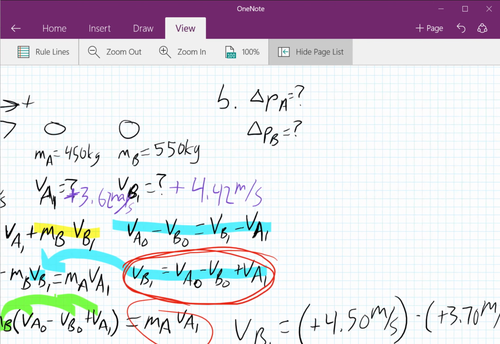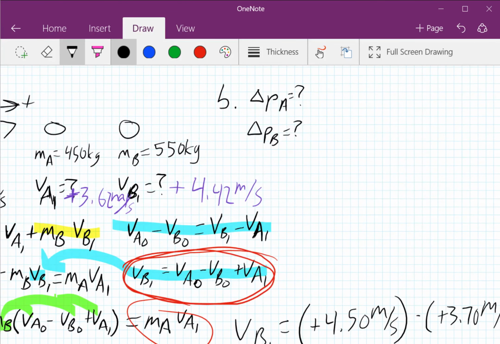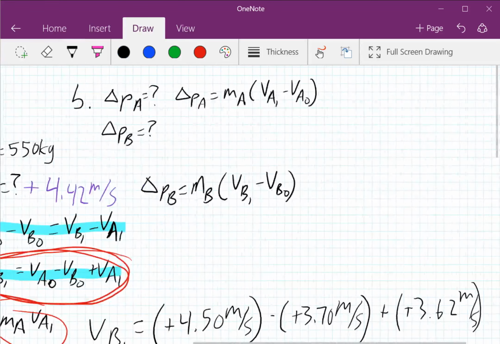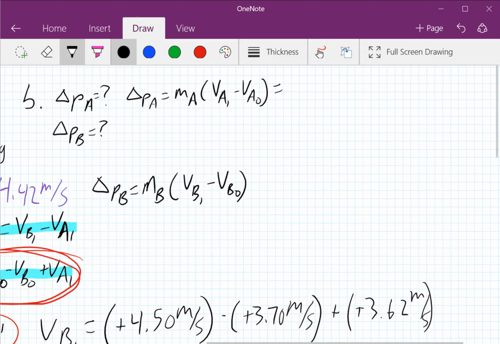Now you should know that the change of momentum for A, delta PA, is just going to be MA times VA final minus VA initial. And for B, you're going to have delta PB equals MB times VB final minus VB initial.